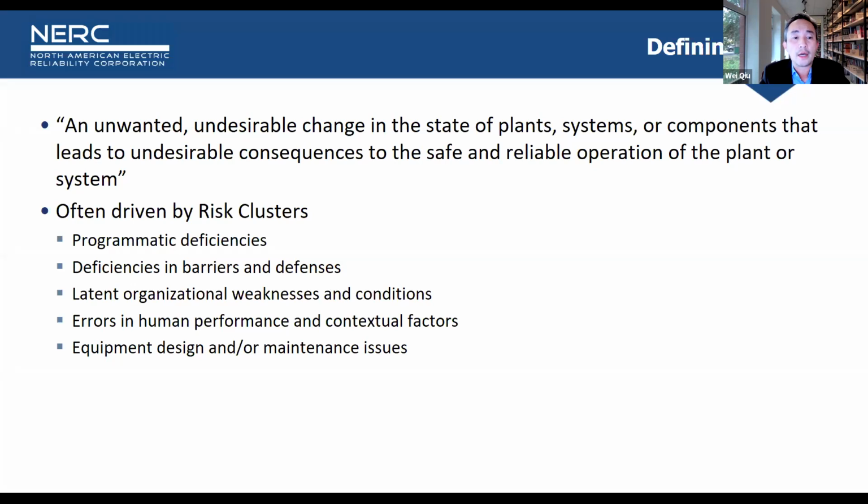An event can be driven by a lot of risks, right? Maybe it's a software issue. For example, the state estimator diverges because it cannot handle such bad data. Or maybe it's an organizational issue. Why say that? Because when you do a system upgrade, you forgot to coordinate with all the potentially impacted departments and working groups.